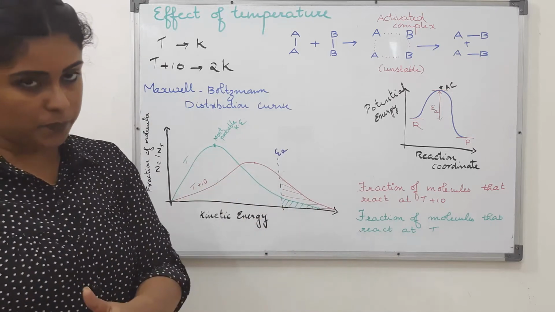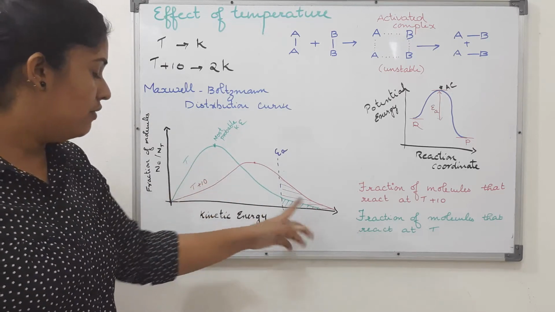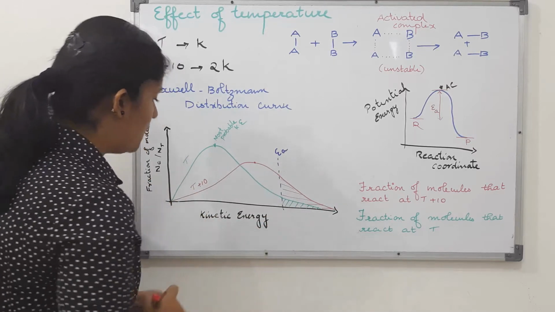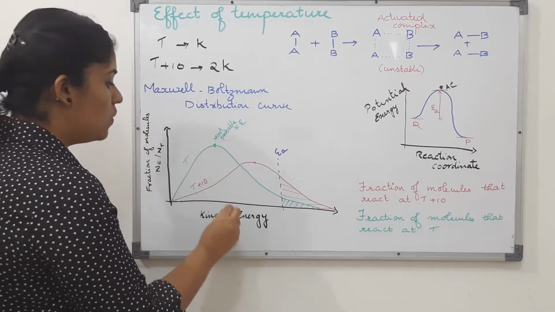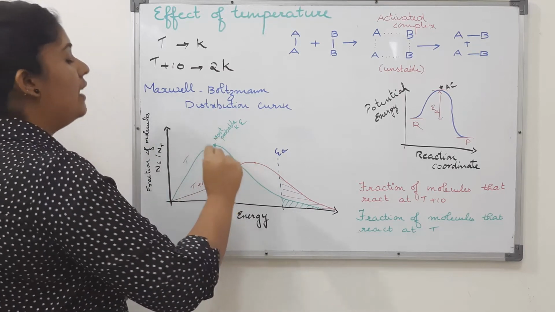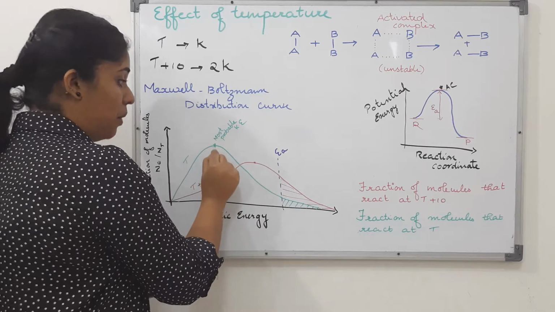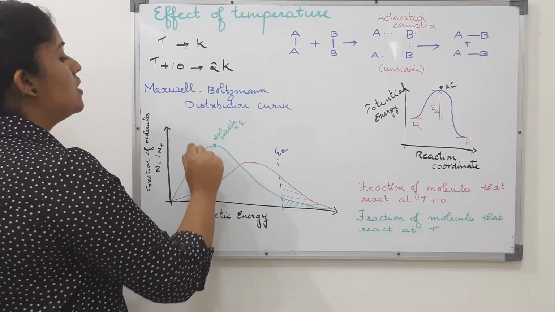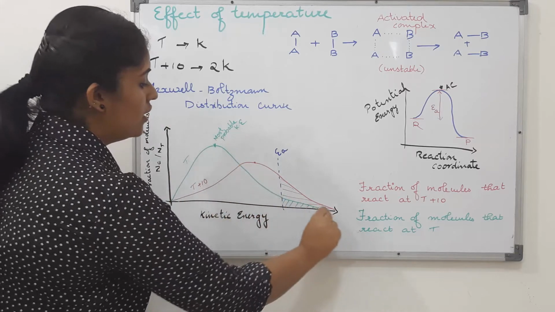If I consider just the green graph for now, with the increase in kinetic energy, the fraction of molecules having those kinetic energies also increases. Then it reaches the maximum point, the peak, and from there it further decreases.